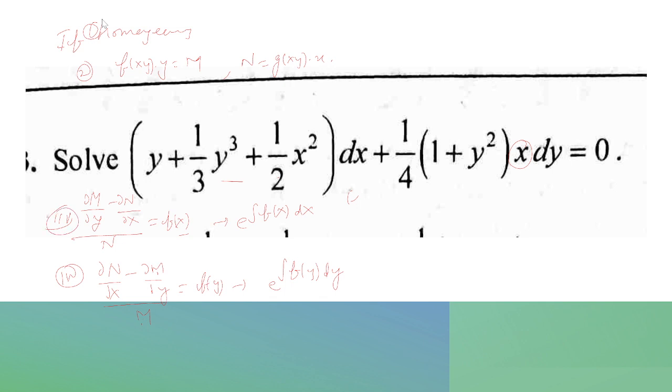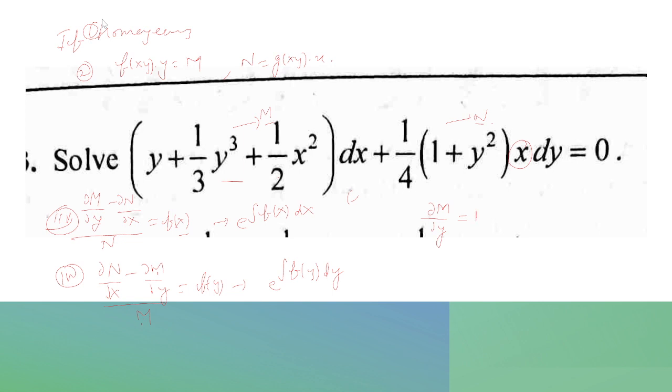We see the 3rd and 4th cases. In the 3rd, what is M? This is M. What is N? This is N. First of all, we want to find the partial derivative of M with respect to y.